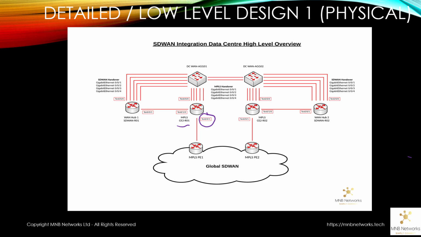On that same router, another interface is connected to a router to the left hand side on 10 gig 0/1/0. So what this signifies is the exact physical interfaces that are connected.